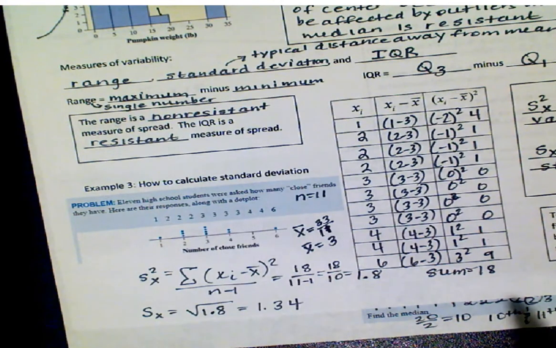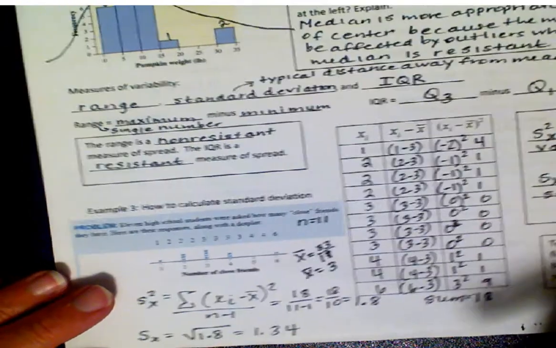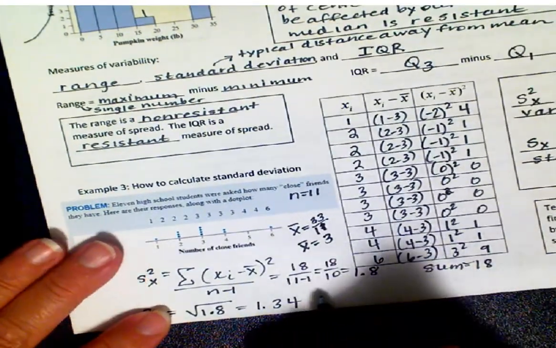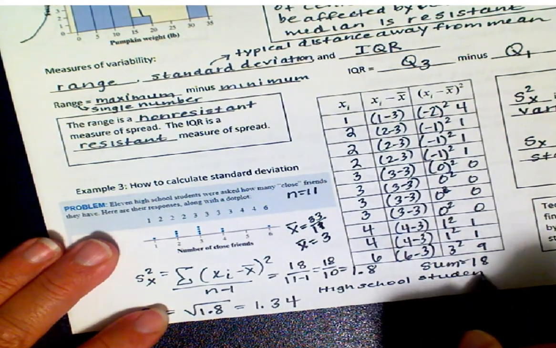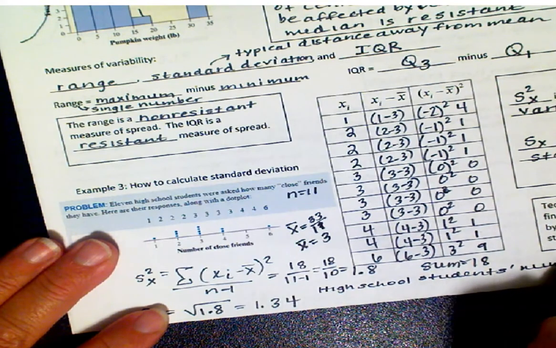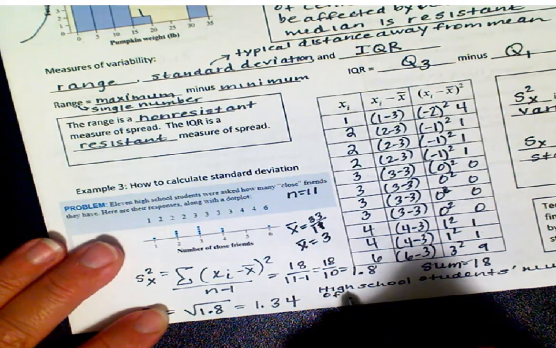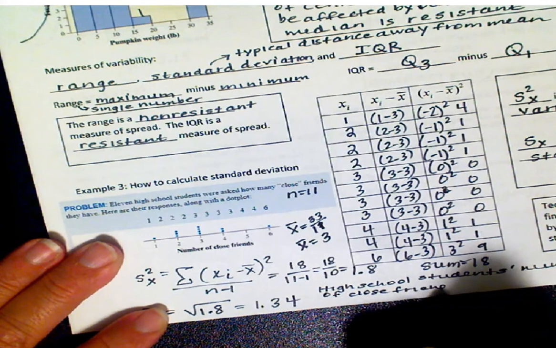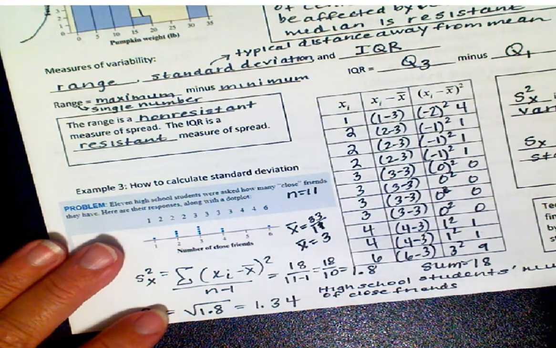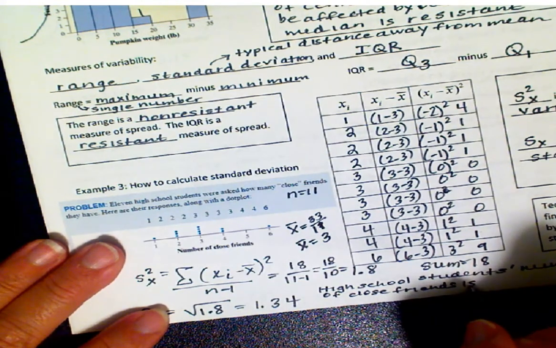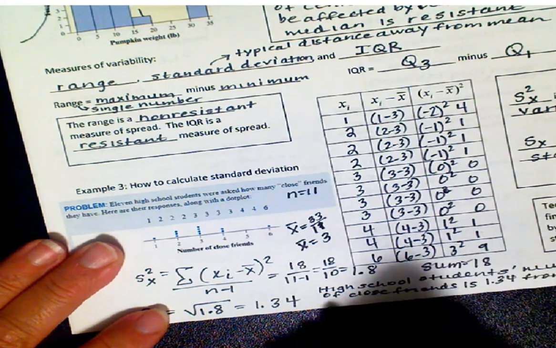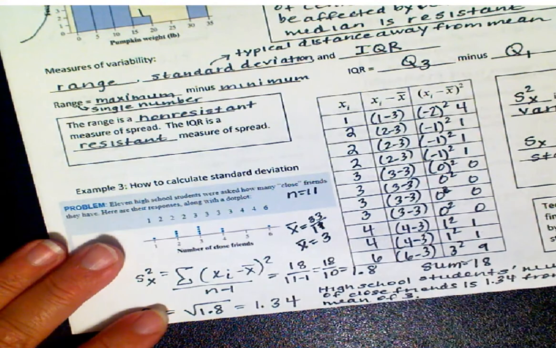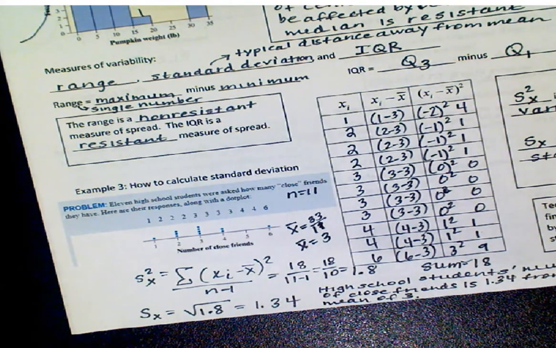So if I ask you to interpret the standard deviation, you would say: high school students' number of close friends is typically 1.34 from the mean of 3. So that's what that standard deviation would be.